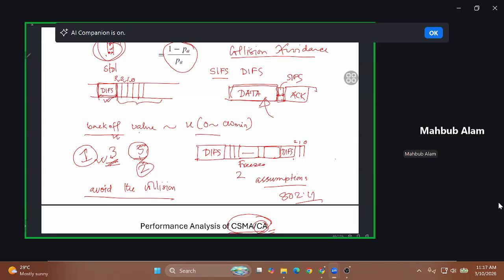Now what will we do? The 802.11 DCF, distributed coordination function, can be modeled in a very complex way, as we'll see, or it can be modeled very simply like the CSMA/CD.